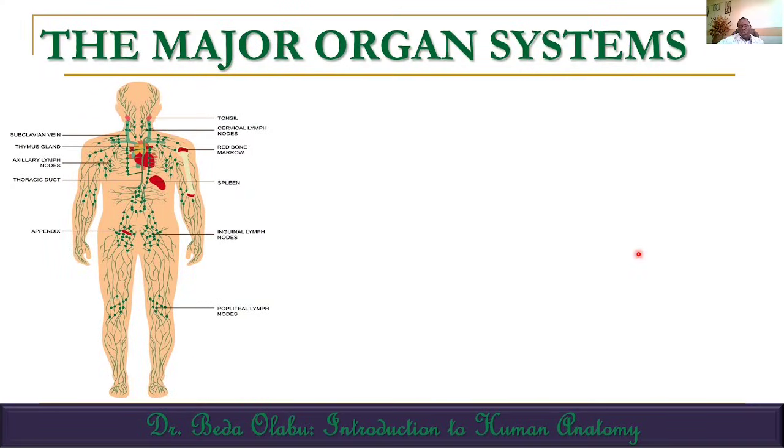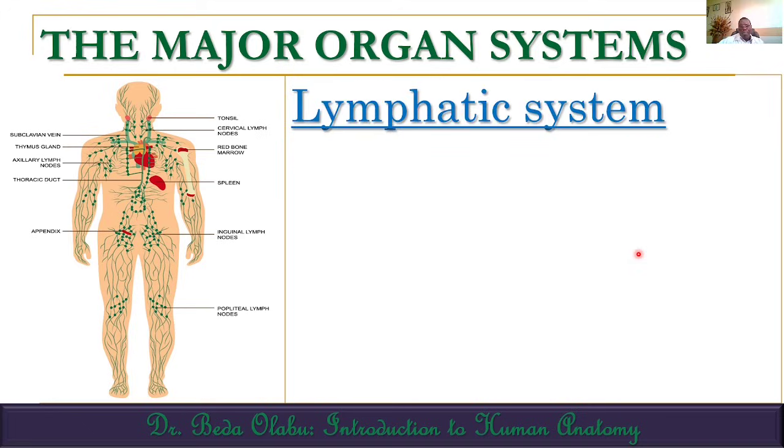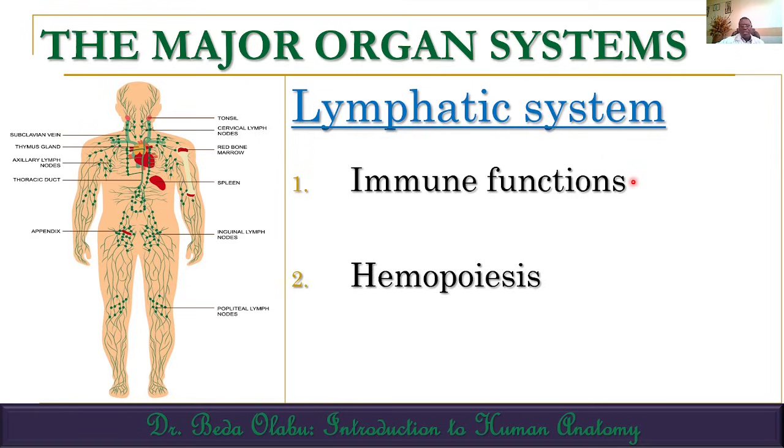Closely related to those two systems is the lymphatic system. When you talk of the lymphatic system, we are referring to this system that contains lymphoid organs, basically. So this system is primarily responsible for defending our body against infections, but it's also important as a site for formation of blood tissue.